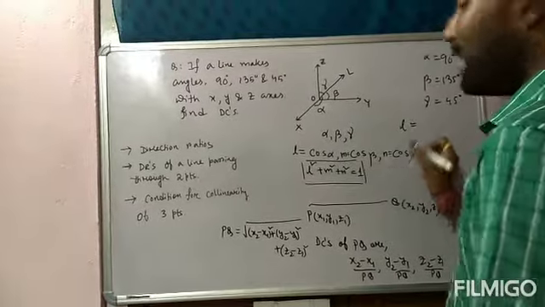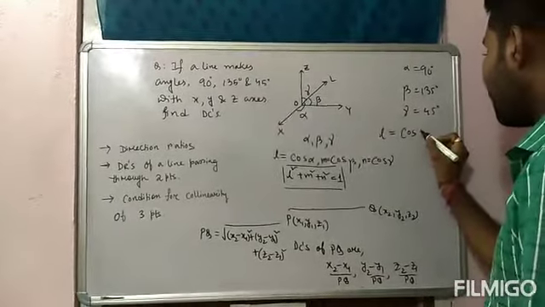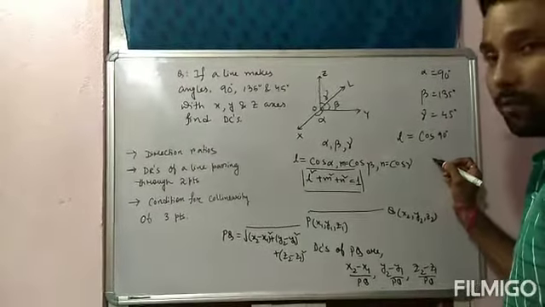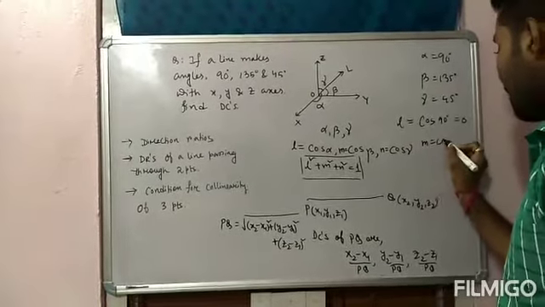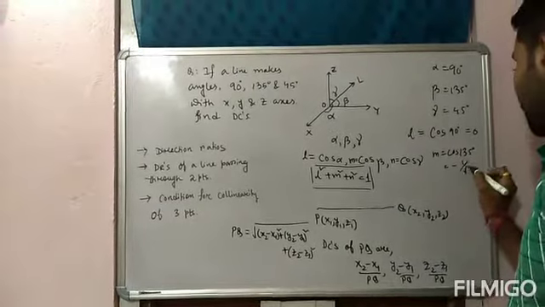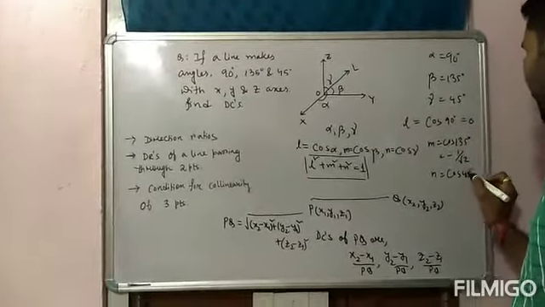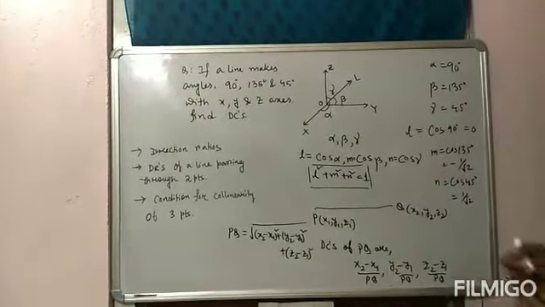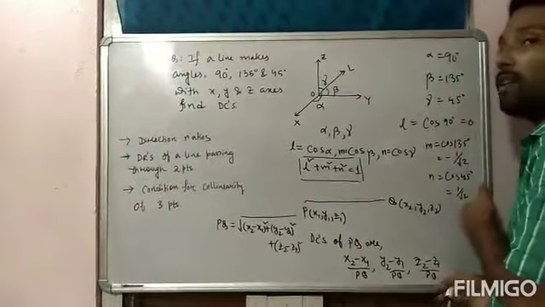Let us now find l, m, n. l is equal to cos α, that means cos 90 degree, which is 0. m is equal to cos 135 degree, and the value of cos 135 is −1/√2. n is equal to cos 45 degree, and the value of cos 45 degree is 1/√2. So these are the direction cosines: 0, −1/√2 and 1/√2.